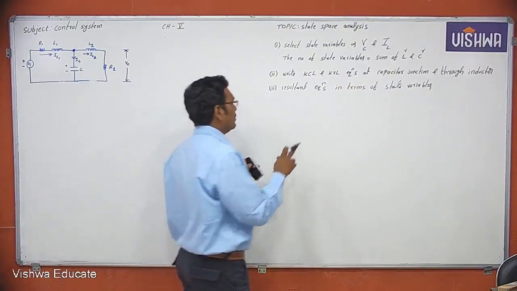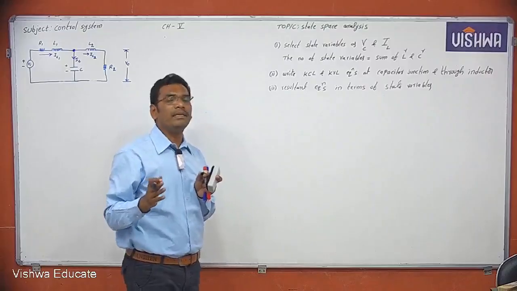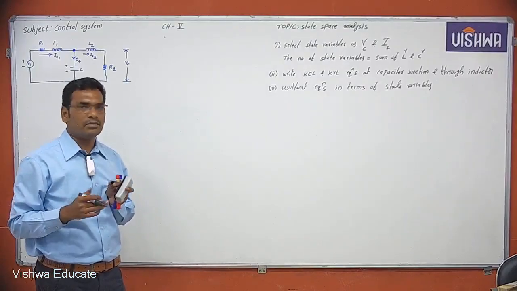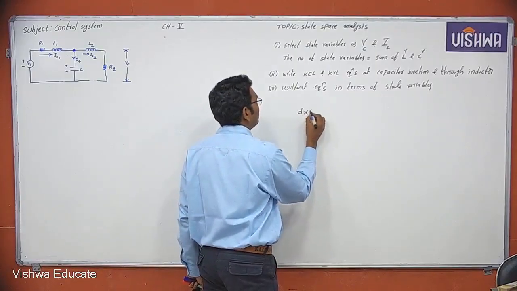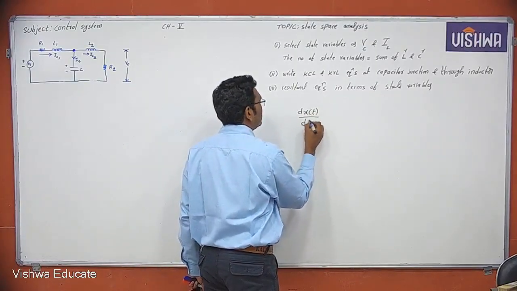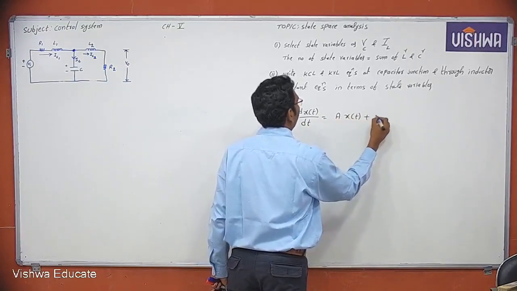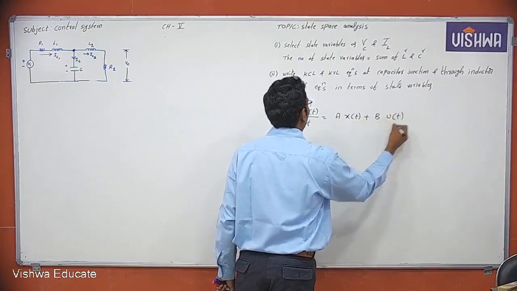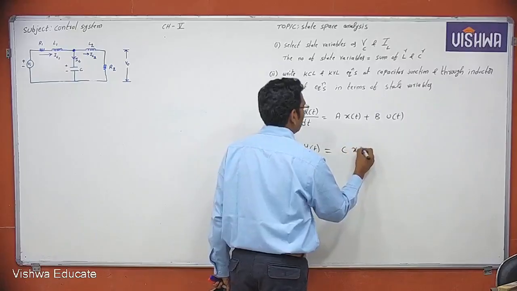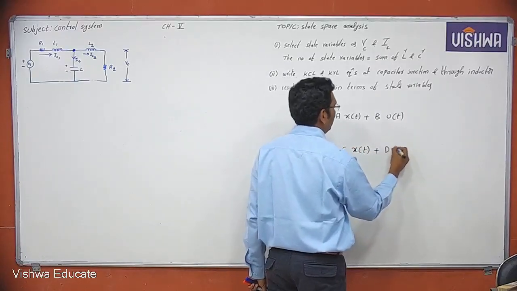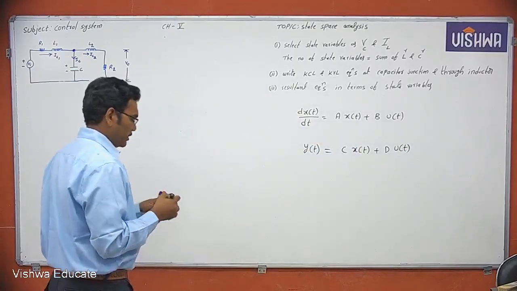Whatever equations you write should be in terms of state variables, because the state equation says the first derivative of the state variable can be expressed in terms of state variables and input, and the output at any instant of time can be expressed in terms of state variables and input. This is the state equation and output equation.